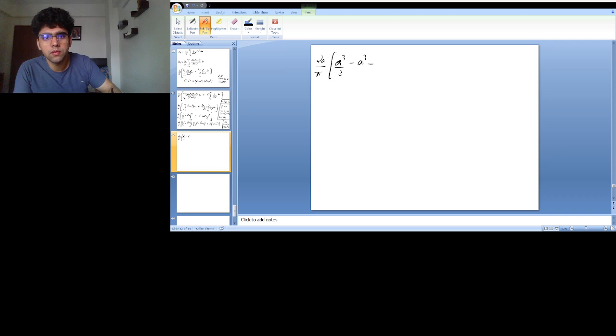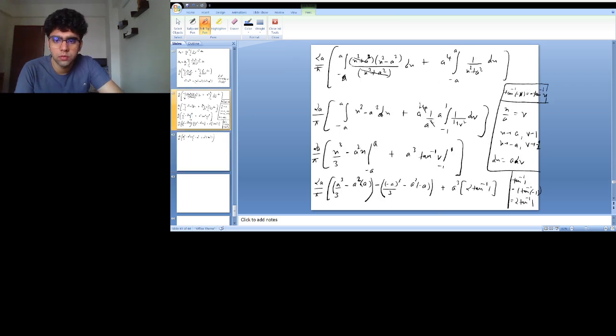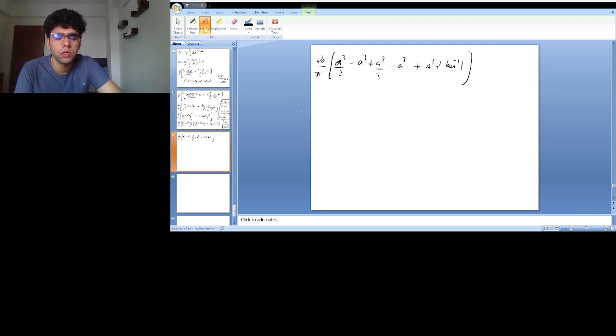So this is minus a cube plus a cube by 3 and minus a cube, and the other term that I had was plus a cube to tan inverse 1, right? Let me just show you guys. So this was plus a cube to tan inverse 1.